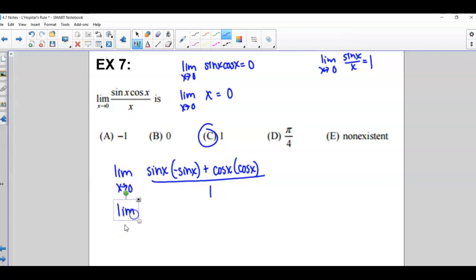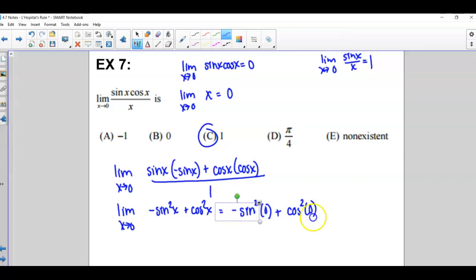And so here we've got the limit as x approaches 0 of negative sine squared x plus cosine squared x. I could put that over 1 if I want to, but I don't have to. And so if we plug in 0, negative sine squared of 0 plus cosine squared of 0.